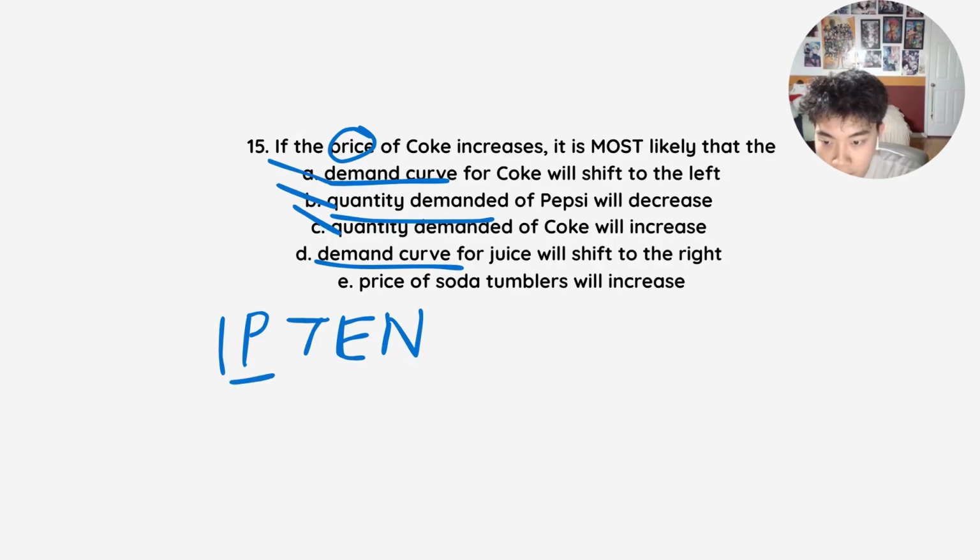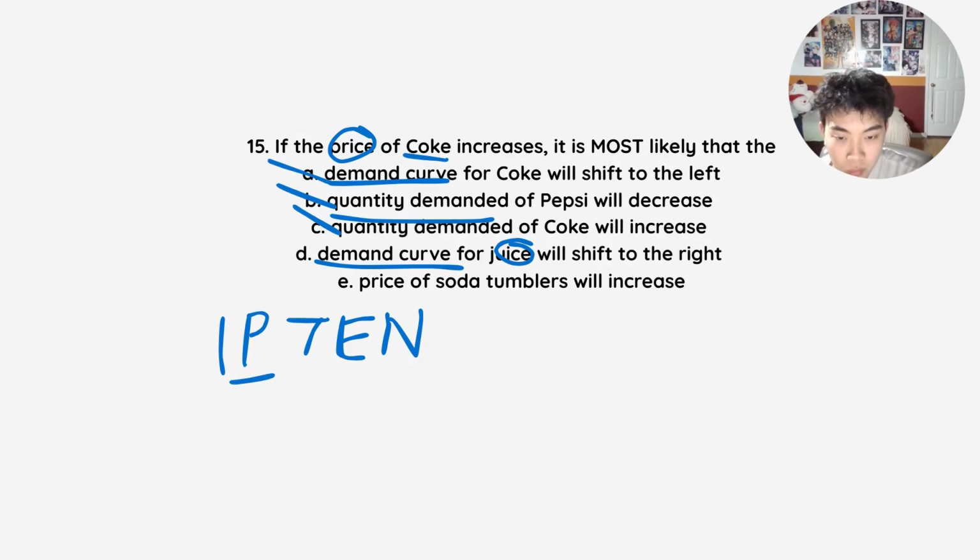Remember, the P stands for price of related goods. Juice would be considered a substitute good. We can replace Coke with juice.